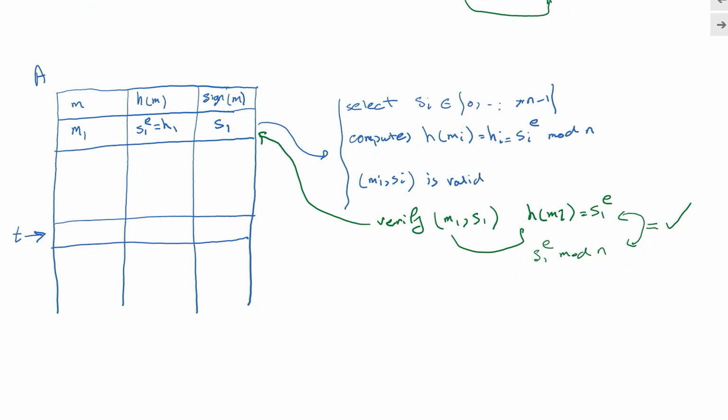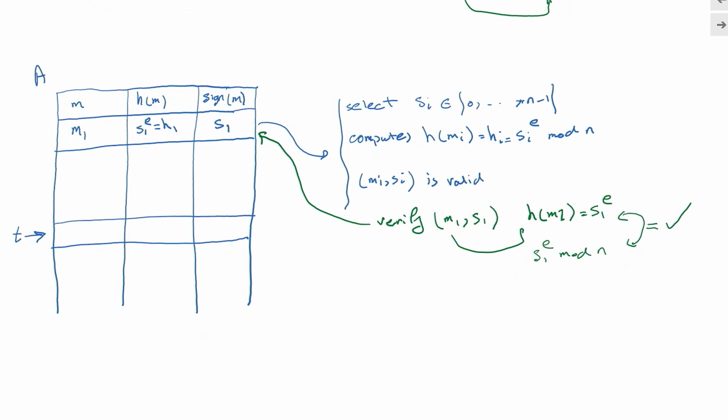We choose a random S_i, some random value, and when you raise it to the power E mod N, the hash value also looks random. You're raising randomness to a constant exponent, but that doesn't matter because your input is already random.